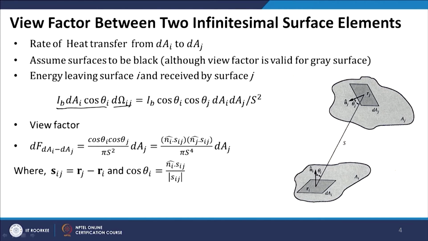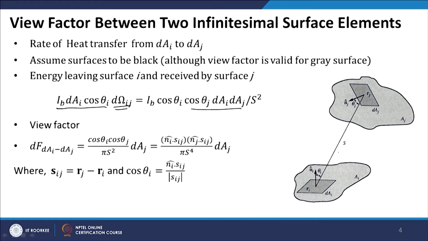We can write the value of solid angle as Ib cos theta j dAj upon s square. So, what we have done is we have written the solid angle in terms of angle theta j. So, d omega ij is basically given by cos theta j dAj upon s square, that is the projected area along the direction Sij.